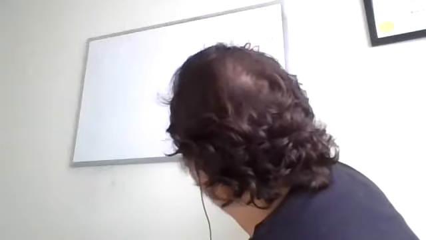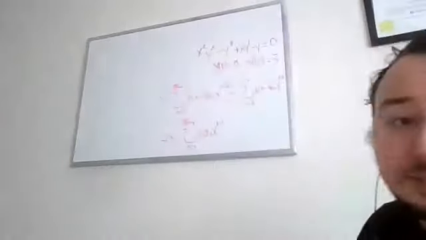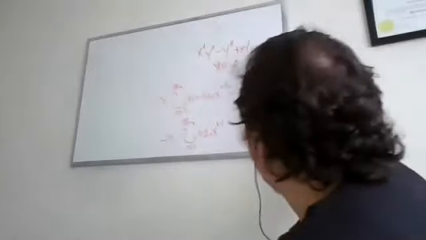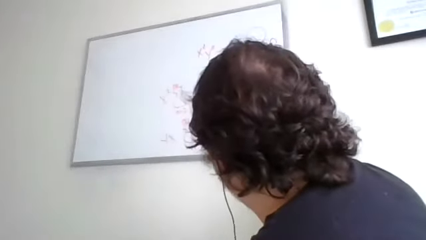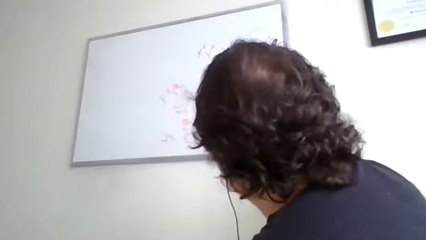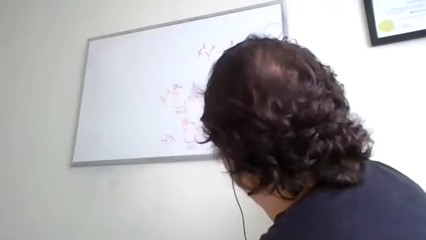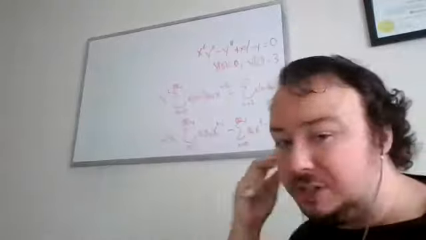And then we have x times y prime. So that one's the sum from n equals 1 to infinity of n a_n x to the n minus 1. That's our y prime. And then we do minus y, so this is minus the sum from 0 to infinity of a_n x to the n. And all that stuff needs to end up being 0.